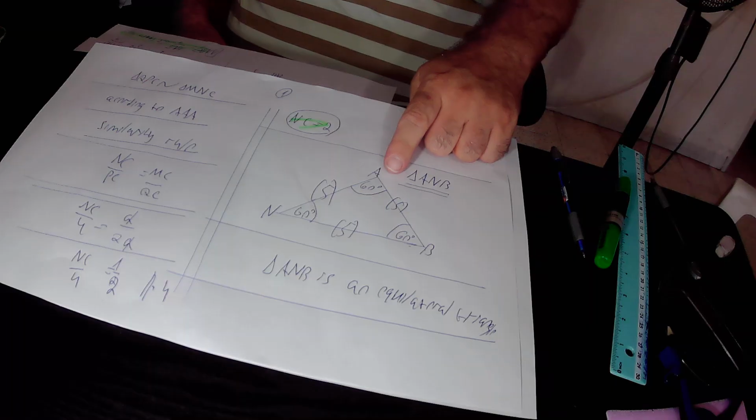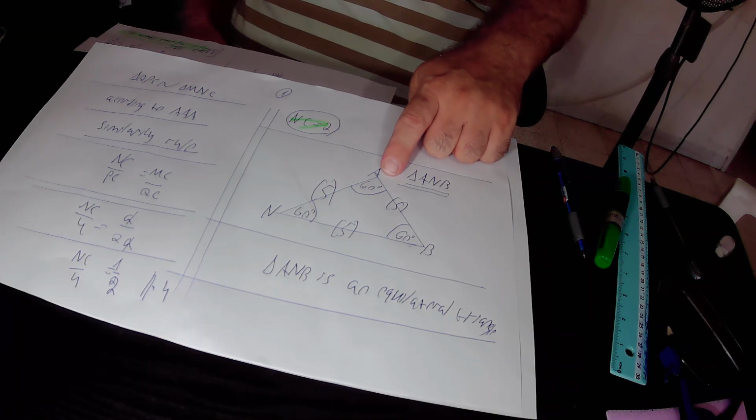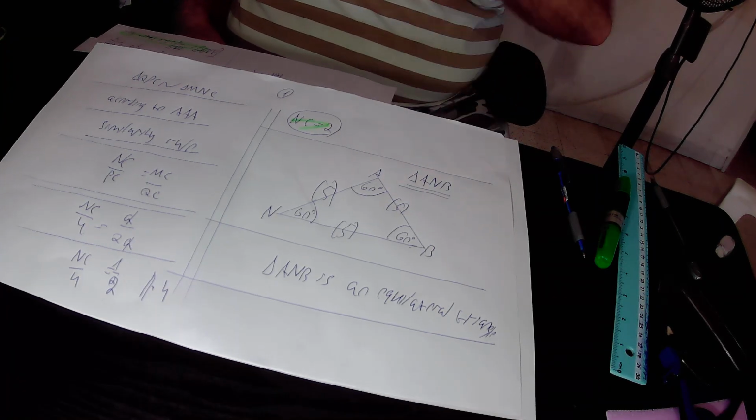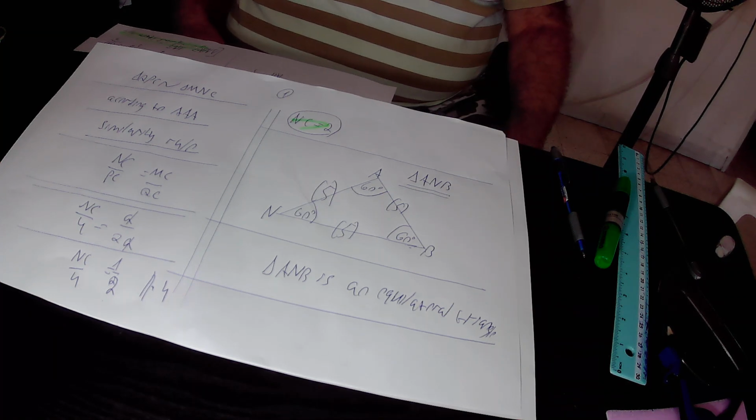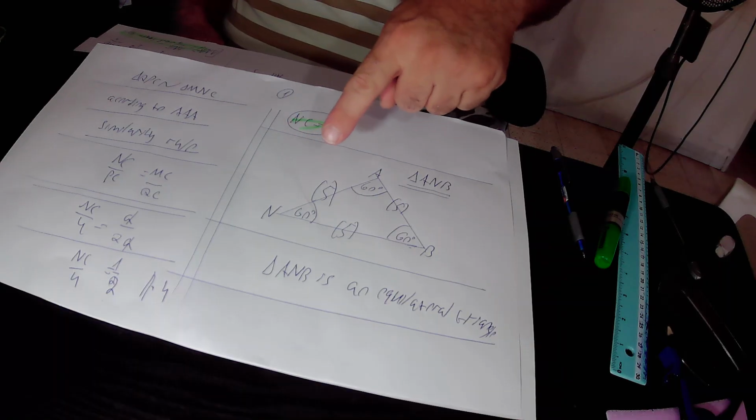Therefore, this vertex angle must be equal to 60 degrees according to the rule that says that the sum of the angles in any triangle is equal to 180 degrees. So we found out that triangle ABN is an equilateral triangle. We also know that all the sides of an equilateral triangle are equal to each other. So AB equals BN equals NA equals 5.